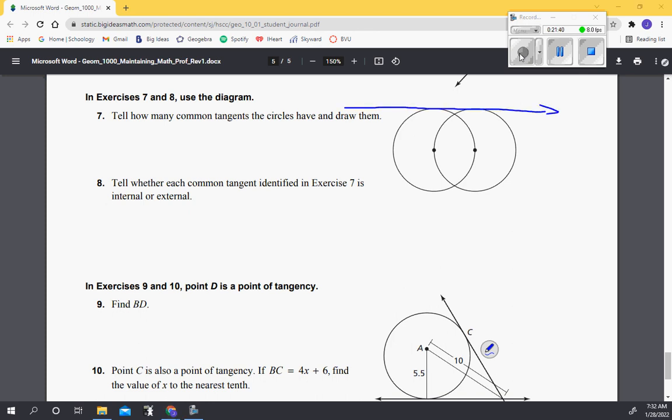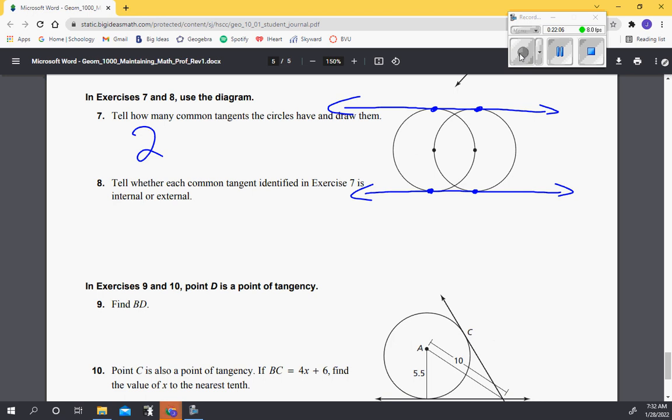One here, and one here. And notice they only intersect at 1 point. You cannot draw another common tangent line between these 2 circles. So there are only 2. And we already did draw them.